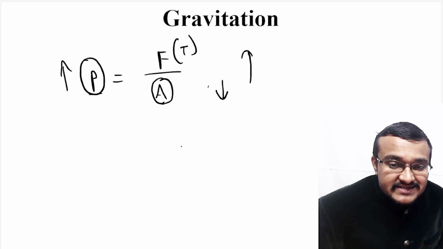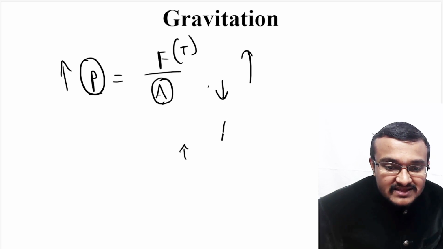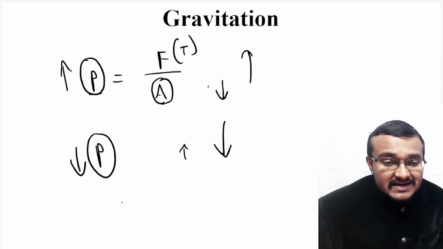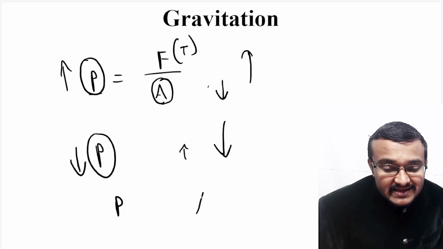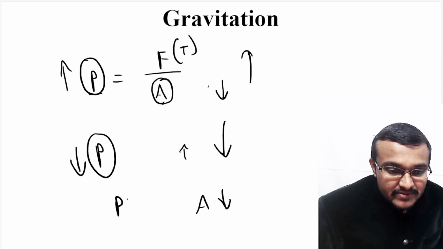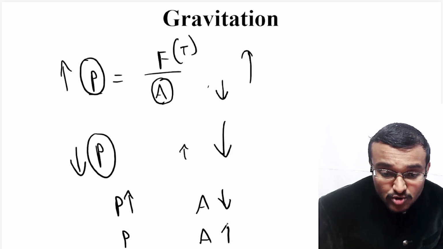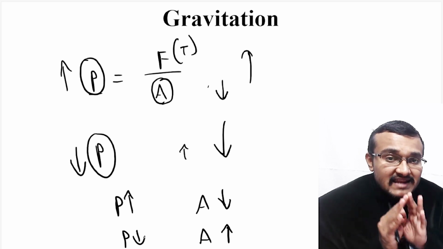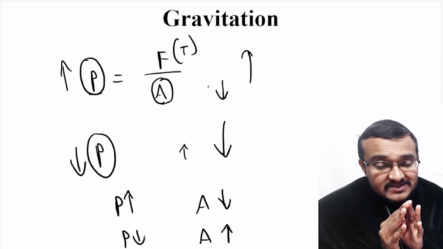Whenever the denominator value increases, the total value decreases. That means this pressure decreases. So whenever area is less, pressure will be more. Whenever area is more, pressure will be less. That's why the head of the nail has more surface area.